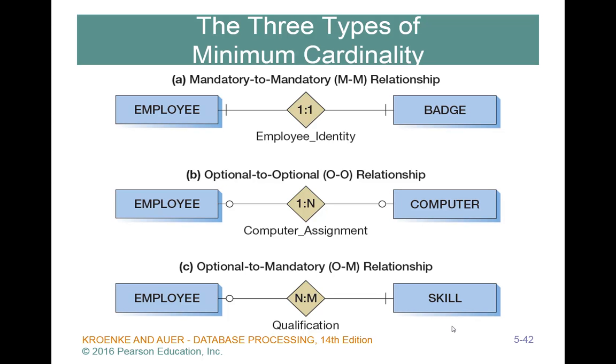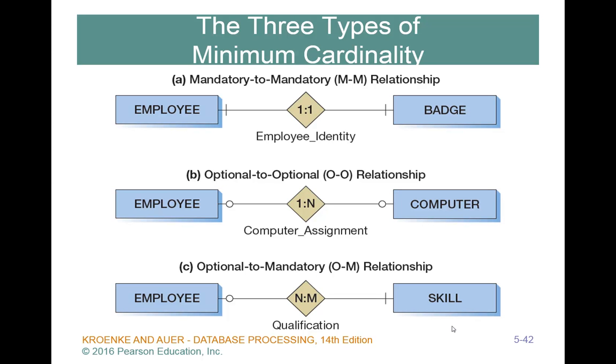So in our first example, remember our maximum was 1 to 1, and then notice our minimum cardinality means it is mandatory. So if we have a badge, that's saying it has to be assigned to an employee. And if we have an employee, that employee has to have a badge, at least one. Okay, at minimum it's going to have one, and maximum is going to have one. So this is a really clearly defined 1-to-1 type relationship.